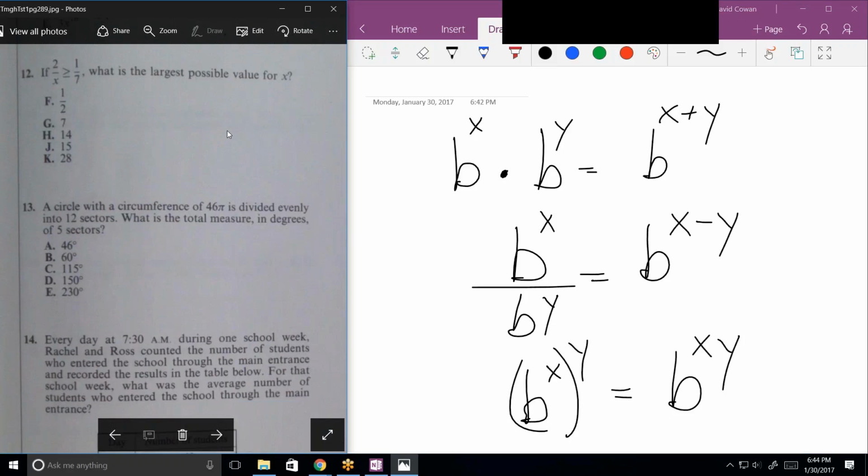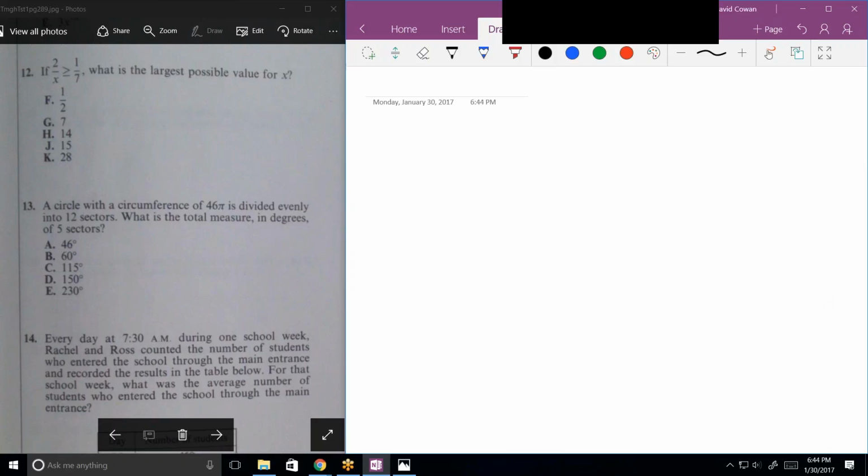Number 12 is kind of an interesting one. If 2 over x is greater than or equal to 1/7, how might you typically solve that? Your first inclination to solve it may be to cross multiply. But notice the problem.